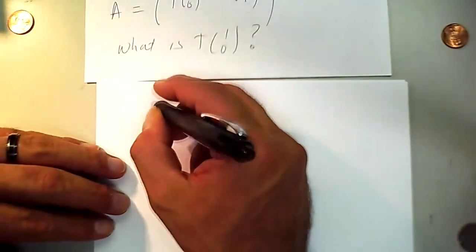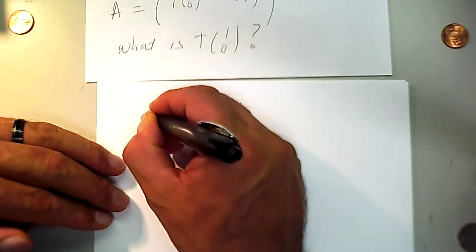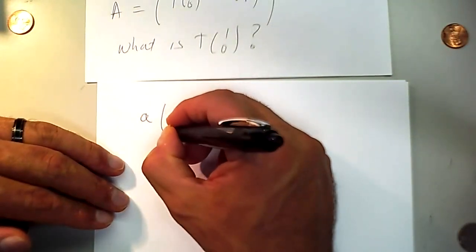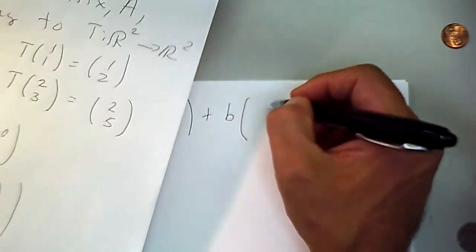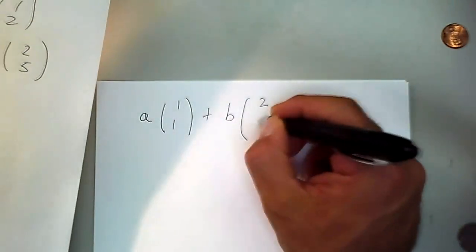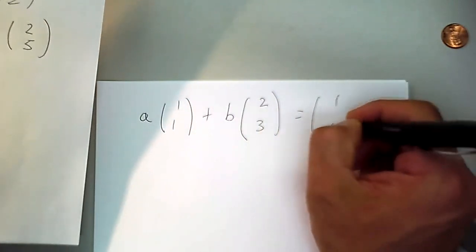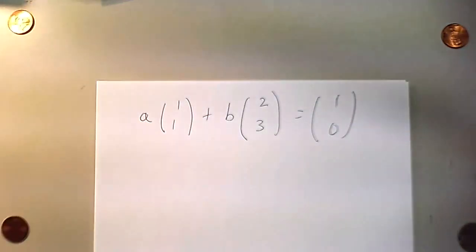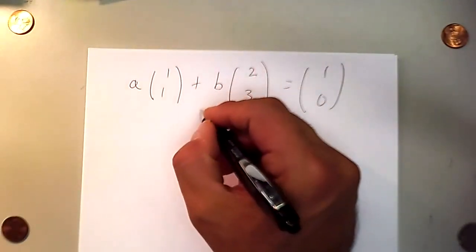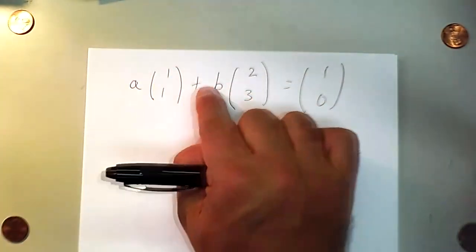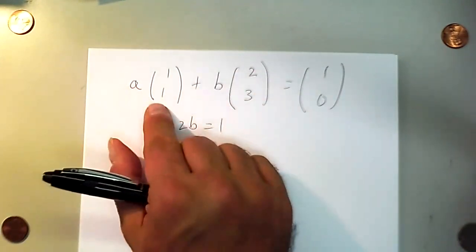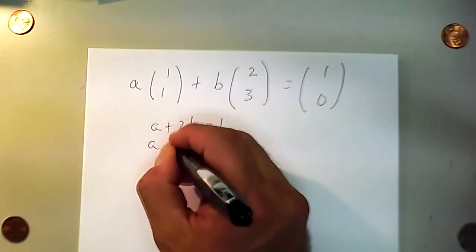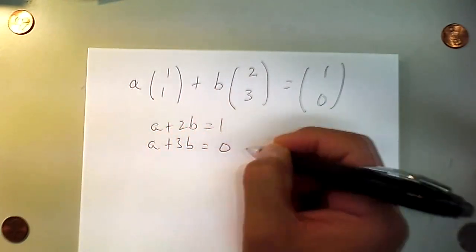The first task is to figure out, I'm going to use A times (1, 1), the vectors they gave us, and B times (2, 3), that give us (1, 0). That means A plus 2B equals 1, and A plus 3B equals 0.